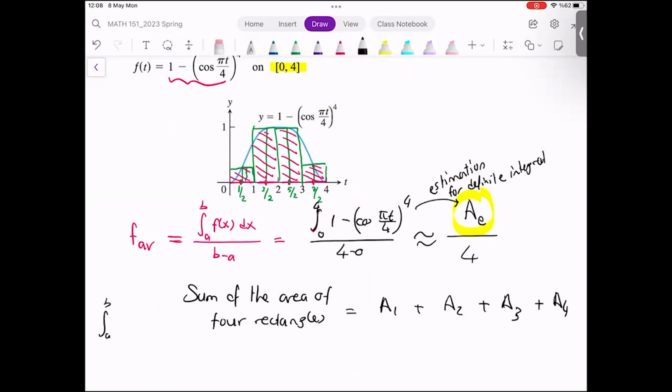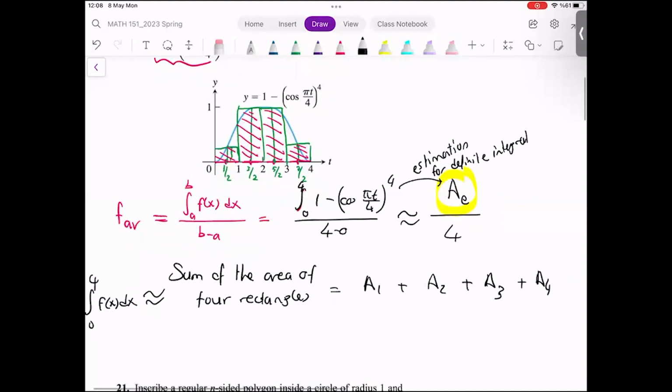Okay, let me write it like this again. From 0 to 4, we have f of x dx in the formula. And this definite integral is approximated by the sum of the areas of the rectangles. And that's what we are doing now. Okay, so what is A1? A1 is base times the height.